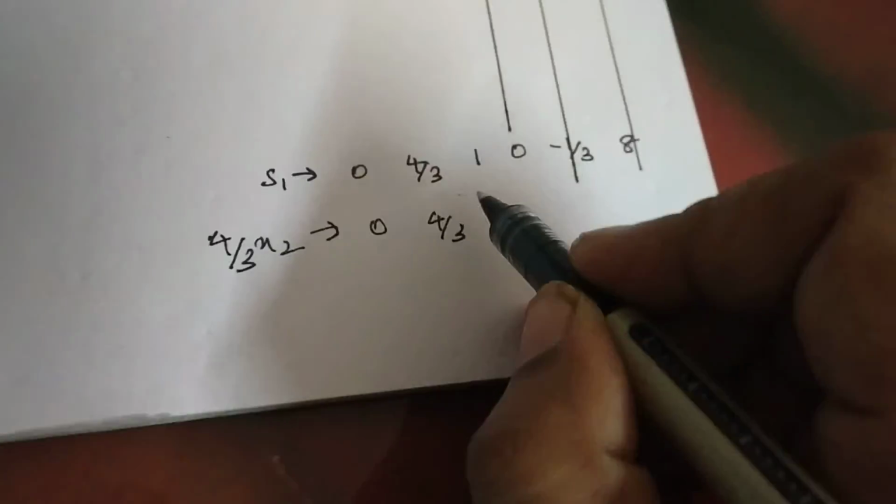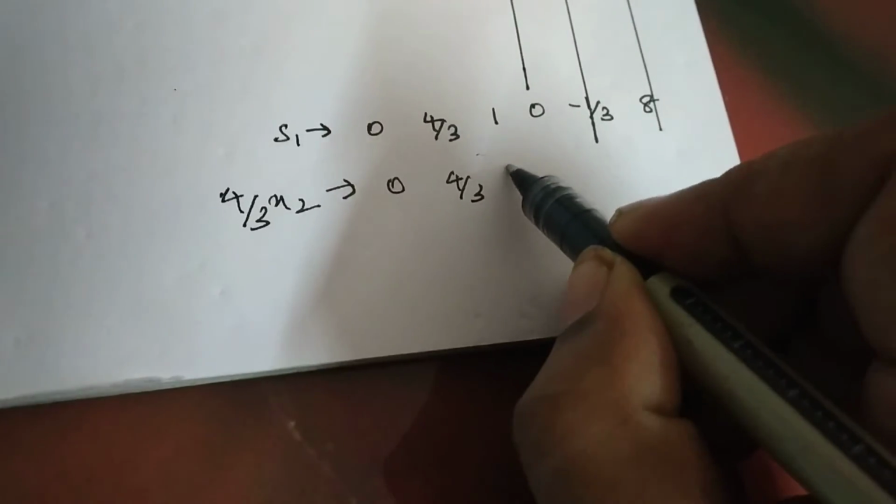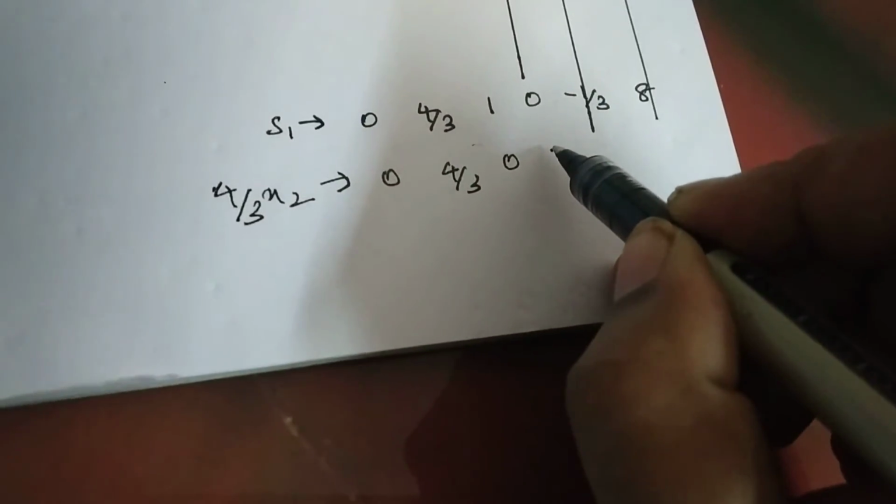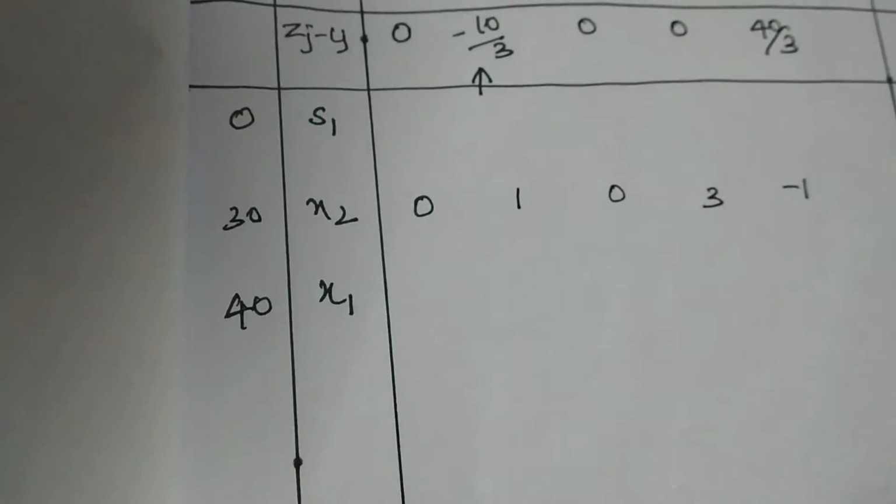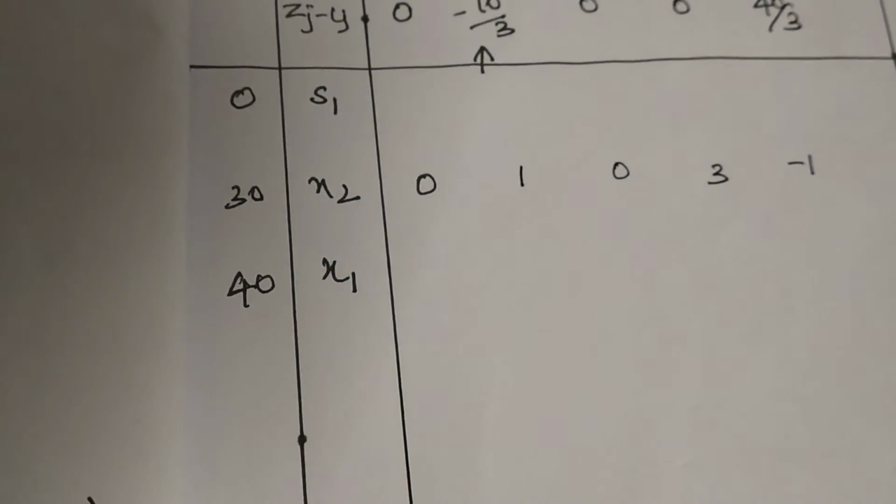So 0, 4 by 3, and then 0, 4 by 3. 3 into 4 by 3 is equal to 4.